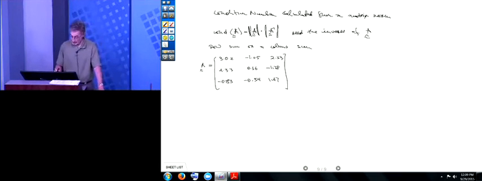So the row sum would be 6.67 here, if you add all the matrix elements right there. This is 6.67, and this is 2.84. So this is, of course, the maximum norm, the maximum row sum.